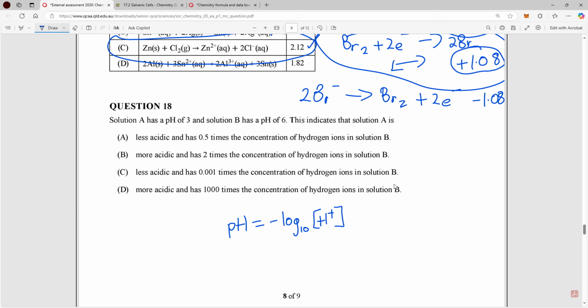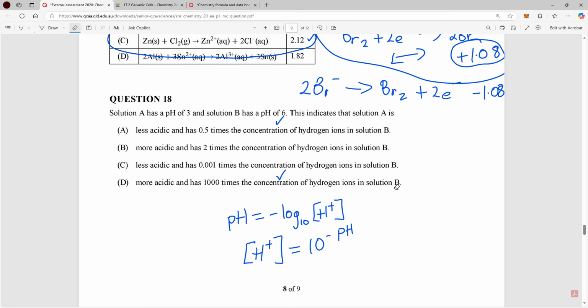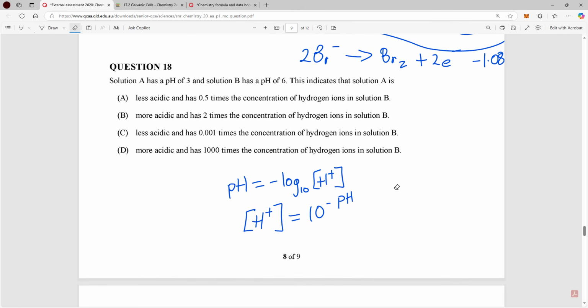So if we want to know what H plus is, that's going to be 10 to the negative pH. We want to work out the difference between the two of them, because if you look at the general equation, they're talking about concentration of hydrogen ions. Now straight away, which one's more acidic, and which one's less acidic? Well, the one with the lowest number here is the more acidic one, so A is more acidic than B.